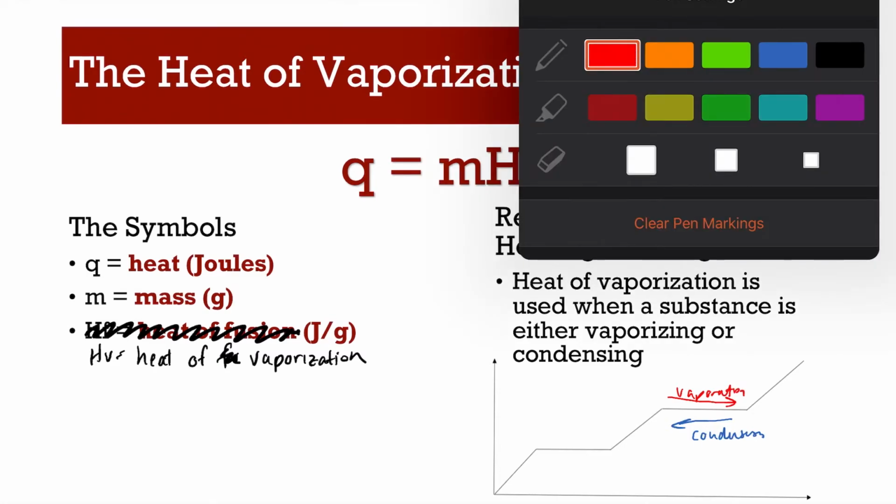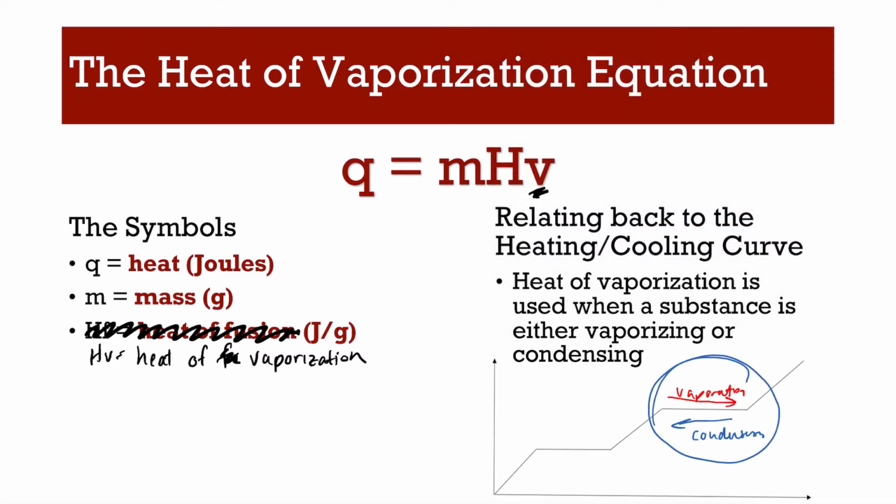So it happens on the higher flat point of your heating and cooling curve. What I like to do to remember this is, V in the equation literally stands for vaporization, so you use it during vaporization, or that part of the graph. Vaporization and condensation happen on the same part of the graph, so we're going to use those for the same thing.